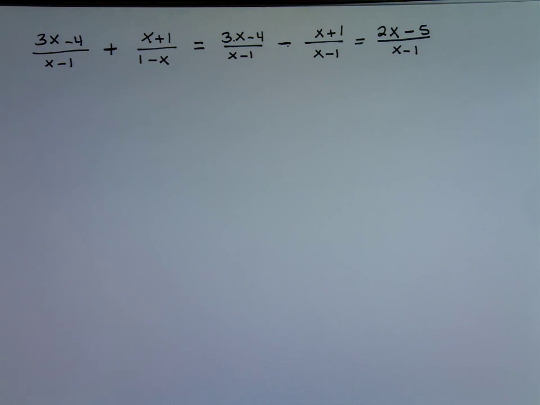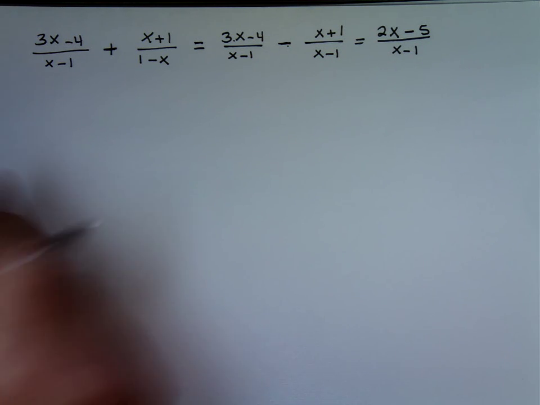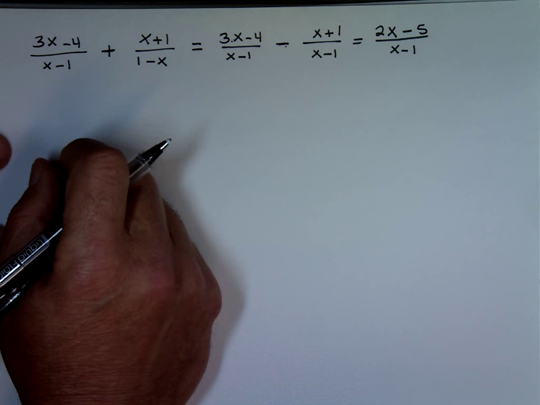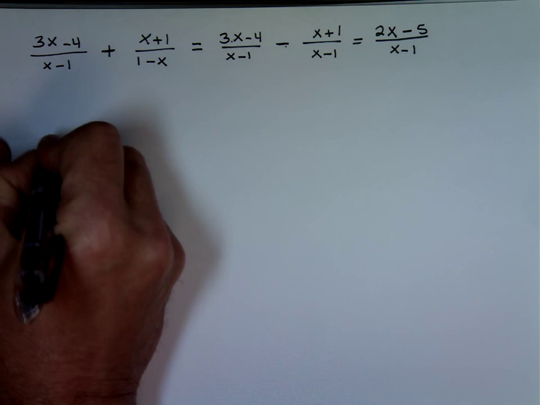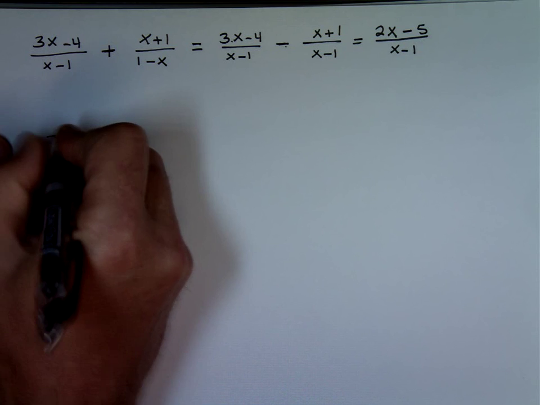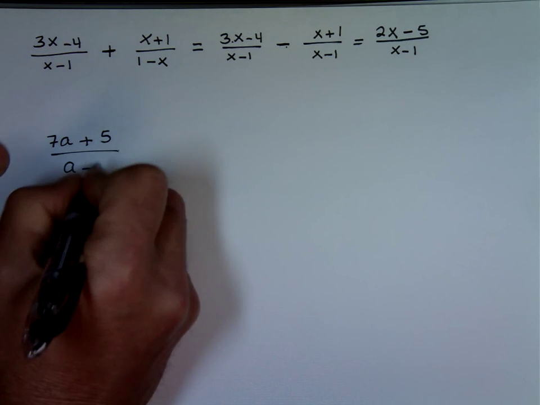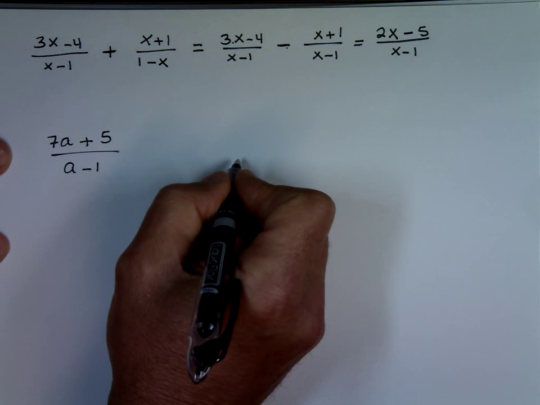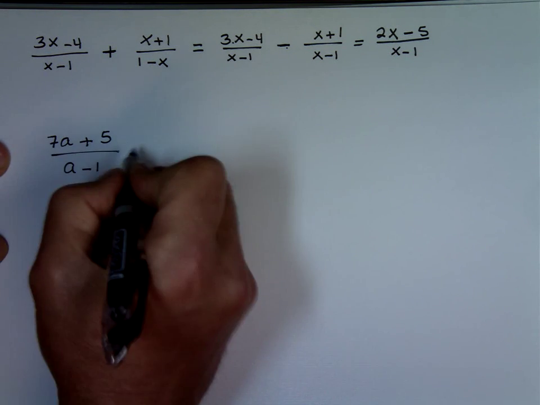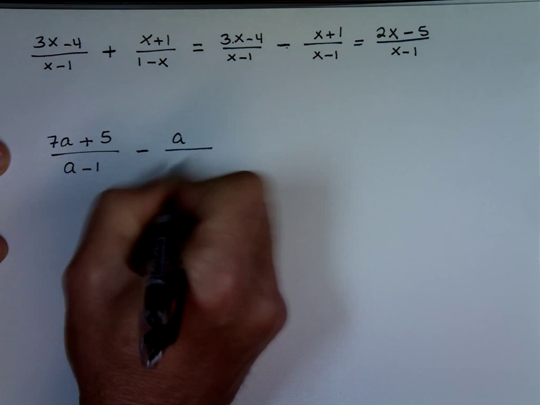I'll do another one similar to this. 7a plus 5 over a minus 1, and I want to subtract from it a over 1 minus a. Again, notice this is backward to this.